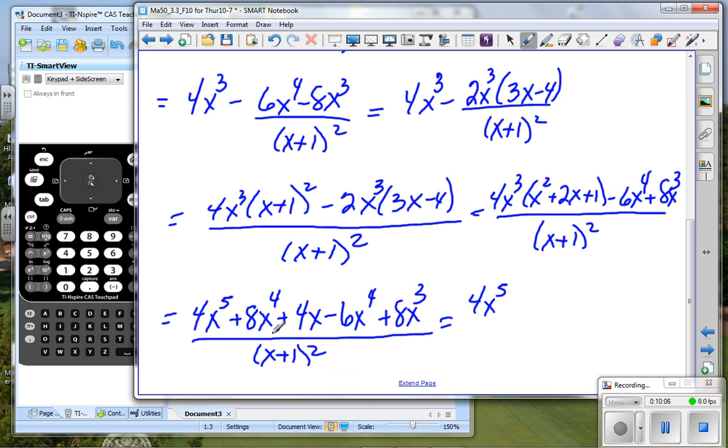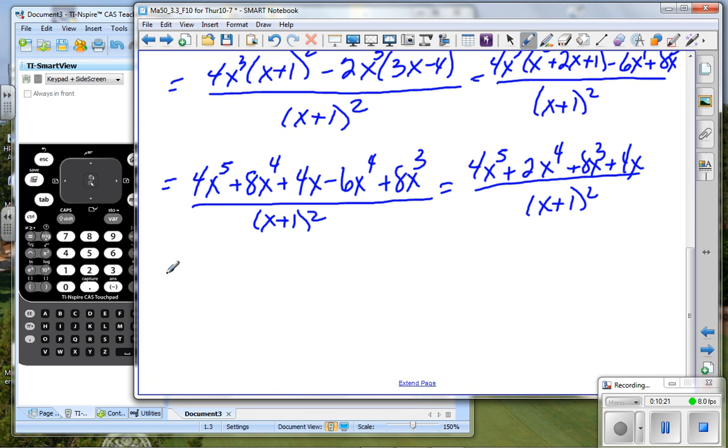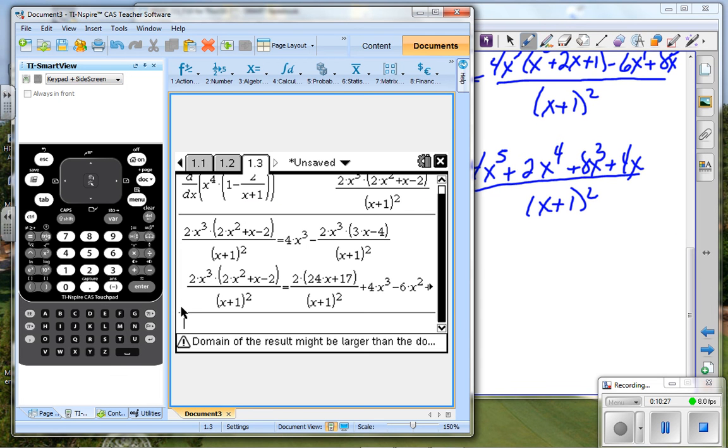We've got a couple of x to the 4th, so let's make this 2x to the 4th plus 8x cubed plus 4x divided by x plus 1 quantity squared. And I can factor out a 2x.